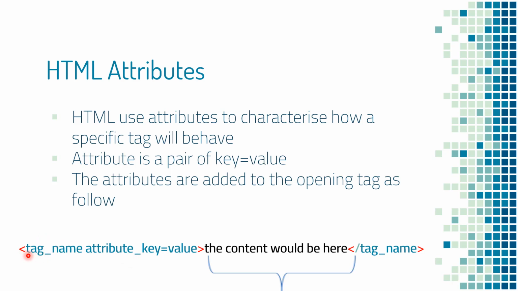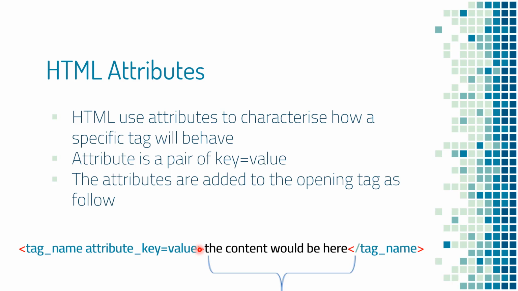As you can see here, this is the regular tag name, and then we have the attribute key, which is a predefined attribute. You cannot just make up your own. It's already defined. Okay, and there's a value for this attribute. If you wanted to include another attribute, then you add a space and another attribute key equal value.